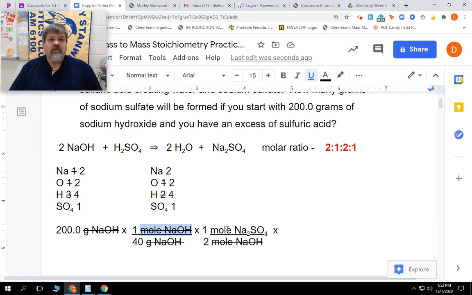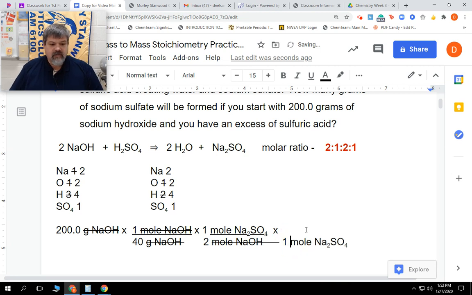So now we have to use our molar mass, and that always equals 1 mole. And since I have moles of this on top, we're going to put that on bottom. So we have 1 mole of Na2SO4, and that's 1 mole.